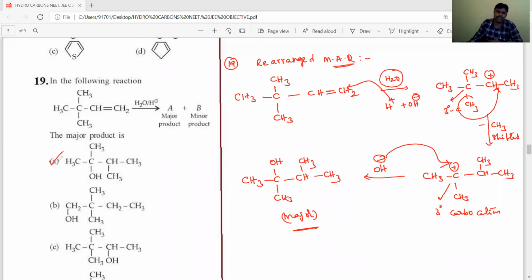The first option is correct. The minor product means no rearrangement, and here they asked only for the major product. If you want no rearrangement, you have to do oxymercuration followed by demercuration. If you do, then no rearrangement will take place, and we'll get this kind of product only.